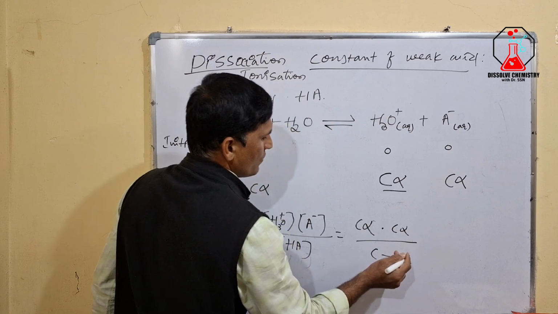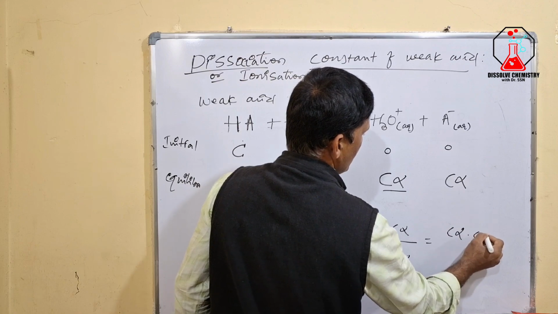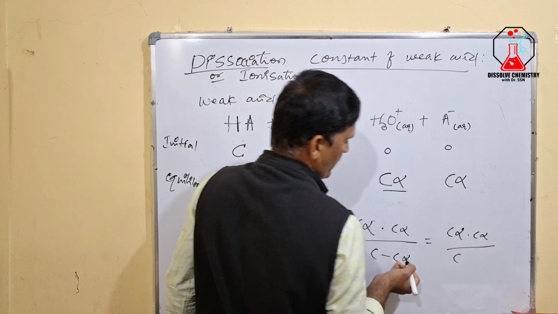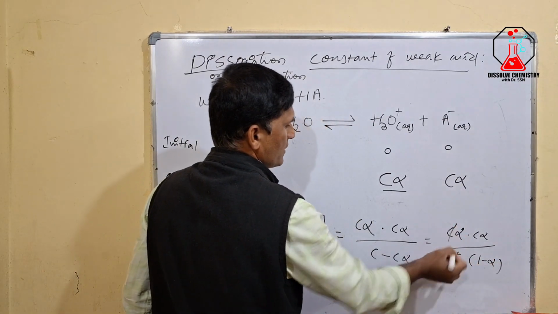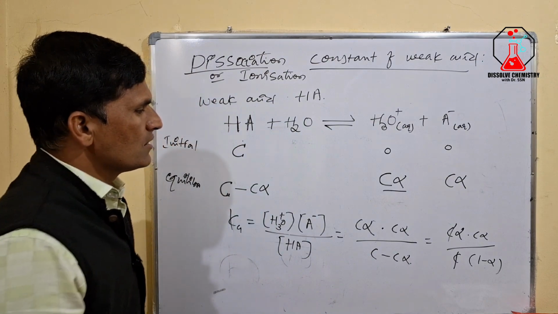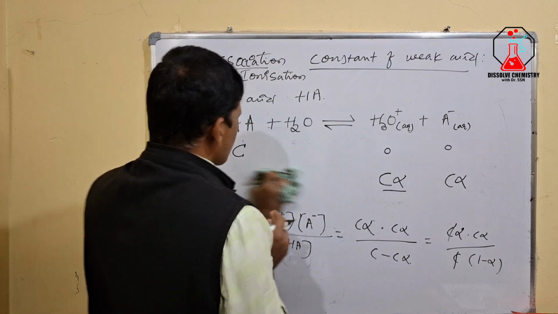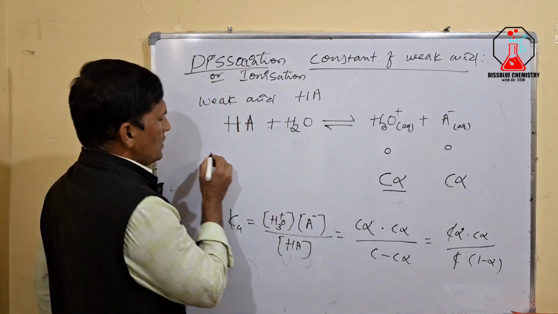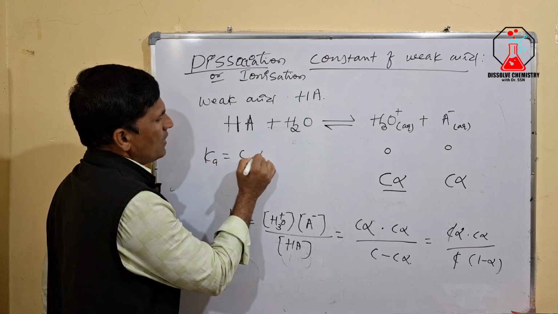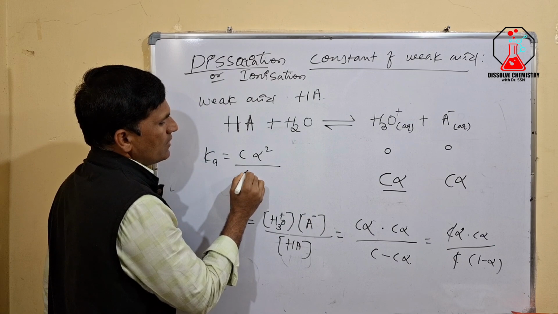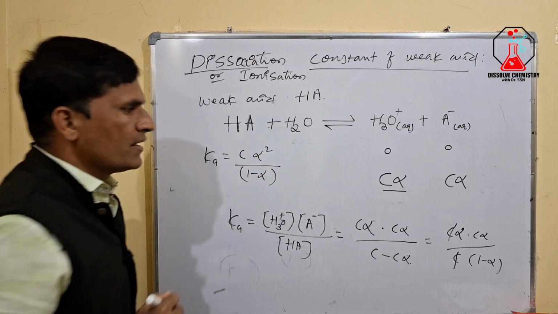This can also be written as C alpha into C alpha divided by C, taking it common, times 1 minus alpha. So C gets cancelled. What remains is Ka equal to C alpha squared divided by 1 minus alpha.